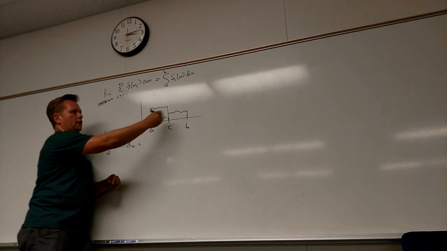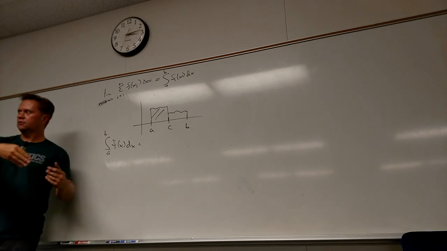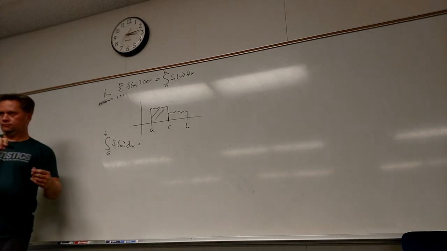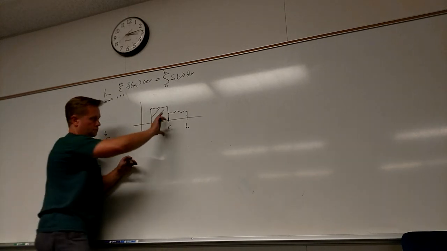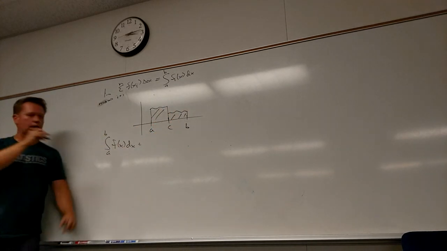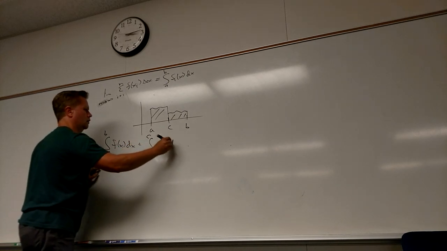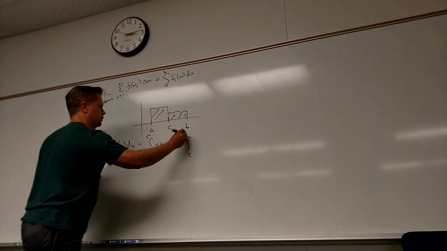The area under this curve is the area from a to c plus the area from c to b. Right? So how could I rewrite this? It would be integral a to c plus integral c to b.